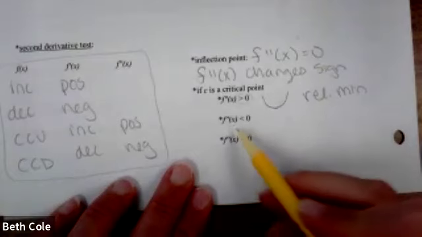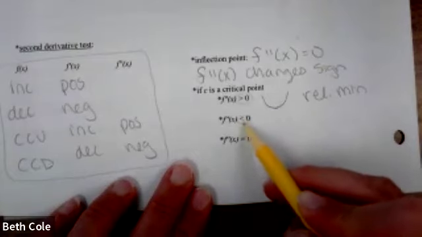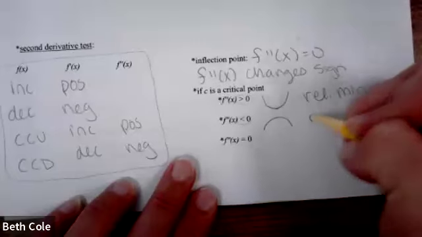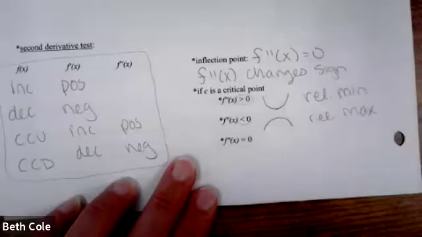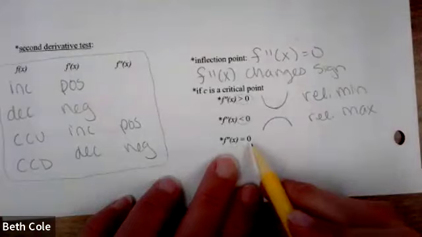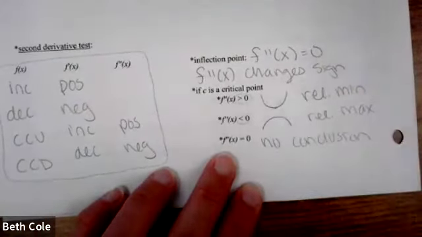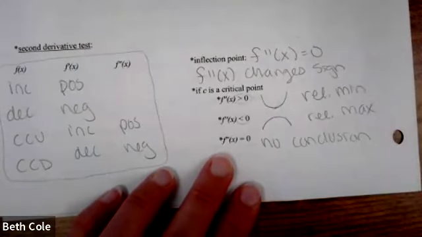If you have a critical point and your second derivative is negative, that means concave down, that means you have the location of a relative maximum. And if your second derivative equals 0, there is no conclusion. The test fails, is what we said. If you're thinking of velocity and acceleration, that's like your cruise control.